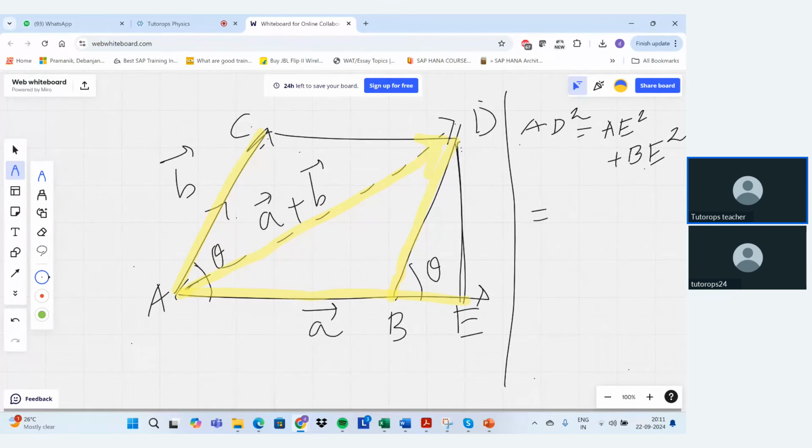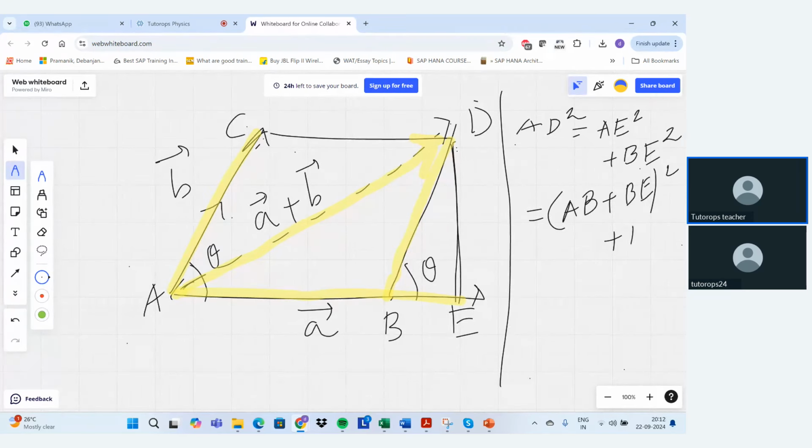AE is basically AB, the small one, plus BE, because this is my AE. So AE, I am making AB plus BE. So AB plus BE square, plus DE square. Internal calculation you can do, but I am just drilling it. So AB, now coming to AB. AB is basically my A vector, correct? So AB is my A vector.